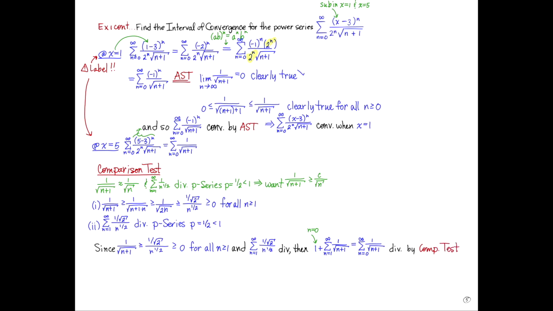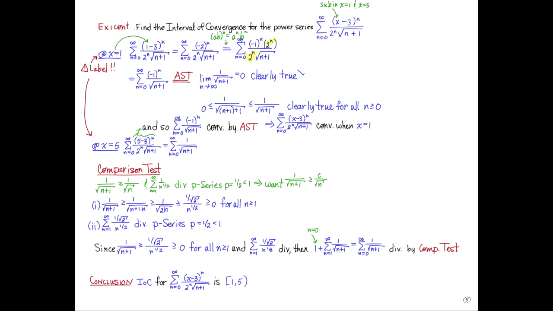Now that we know whether our original series converges at the endpoints, we can finally give our conclusion. The interval of convergence for the sum from n equals 0 to infinity, x minus 3 to the n over 2 to the n times the square root of n plus 1 is from 1 to 5.